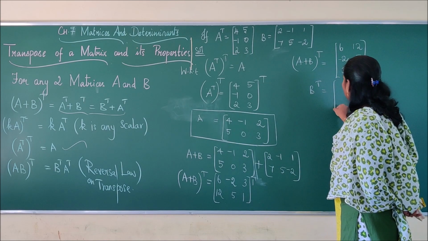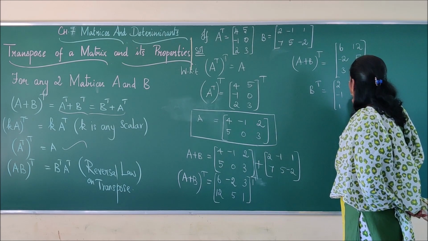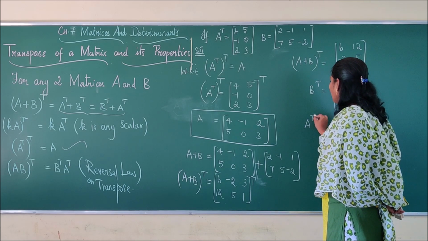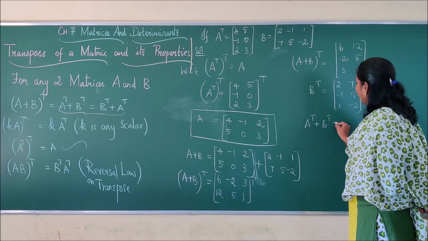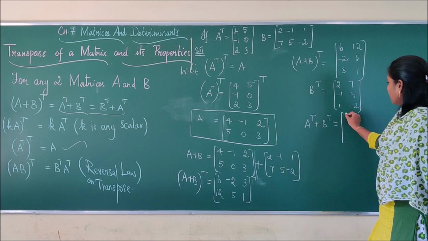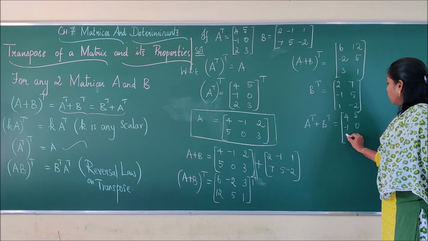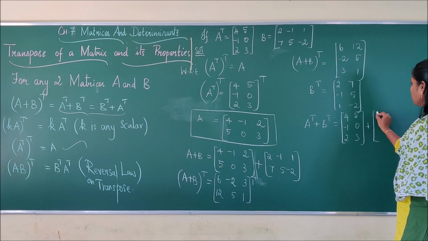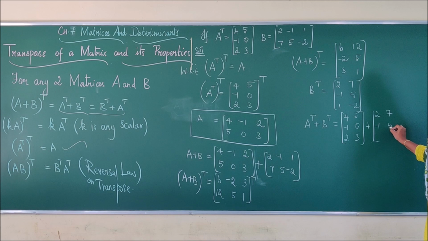What is my B transpose? 2, minus 1, 1, 7, 5, minus 2, right? And what is my A transpose? A transpose is already in the question, so I can straight away make use of it. That is 4, 5, minus 1, 0, 2, 3, plus, what is my B transpose? 2, 7, minus 1, 5, 1, minus 2.